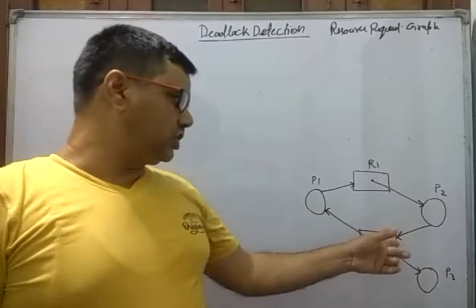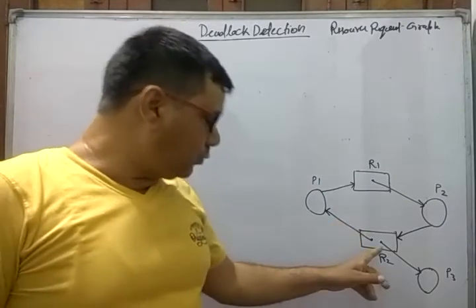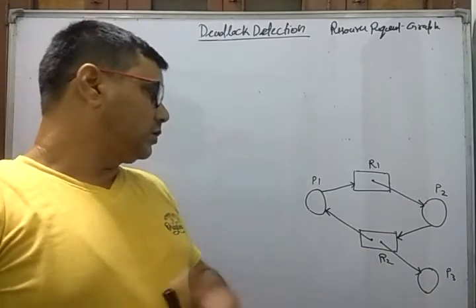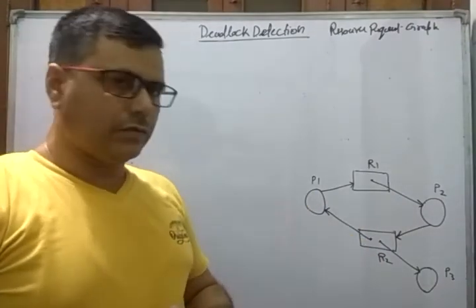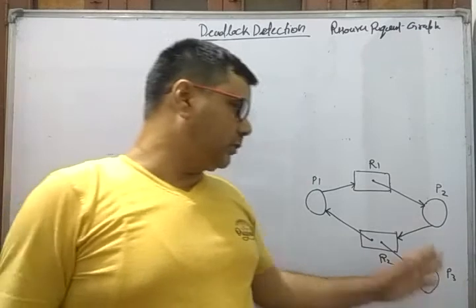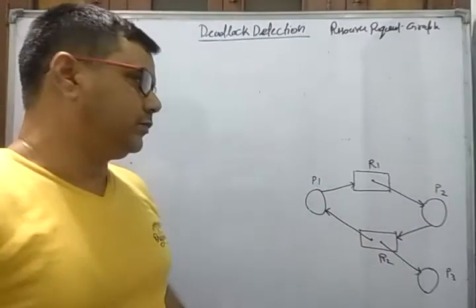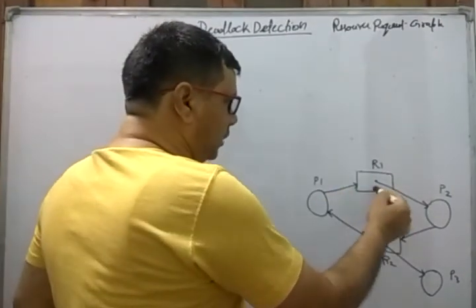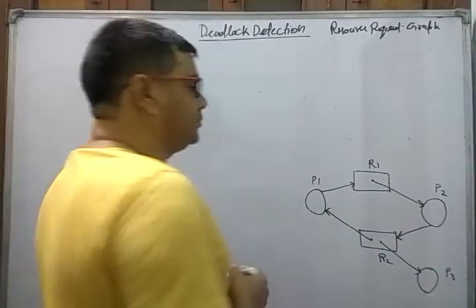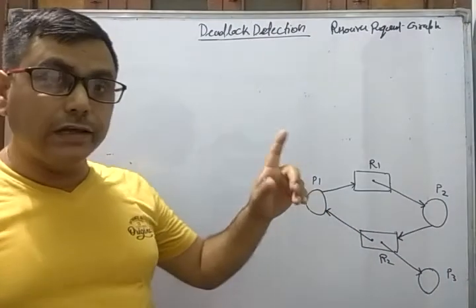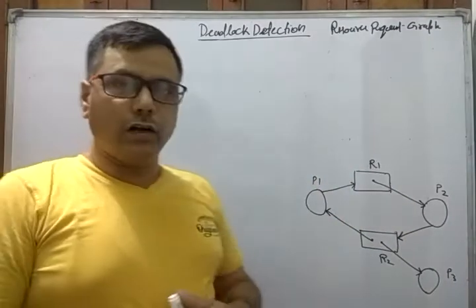Process P2 is requesting resource R2, and R2 is held by process P1, and R2 is also requested by process P3. Look here: from P1 to R1, R1 to P2, P2 to R2, R2 to P1. There is a clear-cut cycle. So is there a deadlock or not?